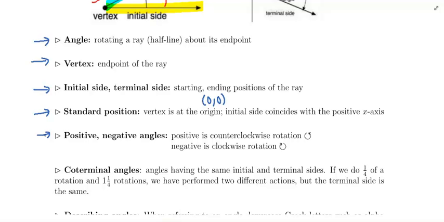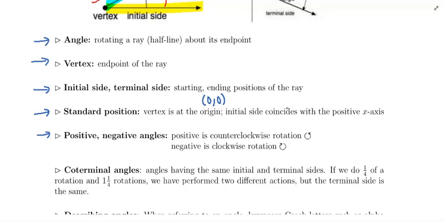Positive angles are formed by counterclockwise rotation. Negative angles are formed from clockwise rotation. I have little symbols there to remind you which is which. If you forget, just think about a clock, especially one where you can see the seconds hand moving in real time.